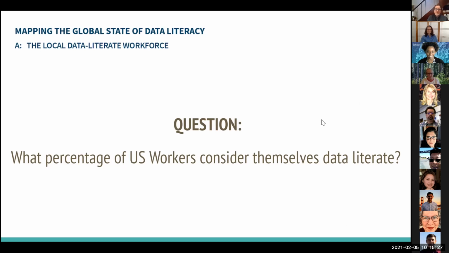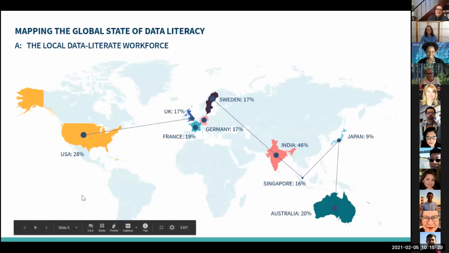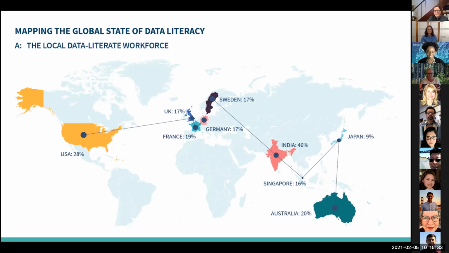And again, this number comes from the same survey. And the answer is 28% of Americans feel like they are data literate, which is interesting because it's fairly ahead of some other countries that I would have assumed felt more confident in their literacy, just as a result of kind of knowing what is required in American education.